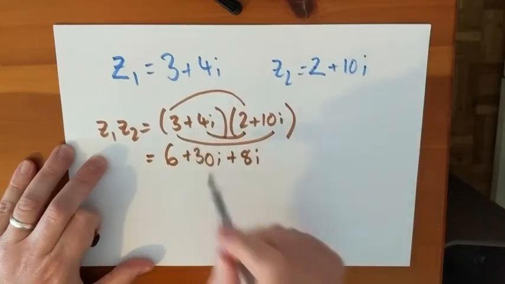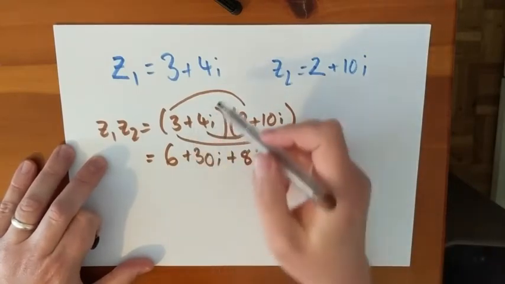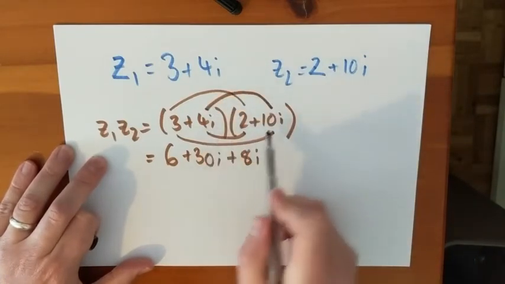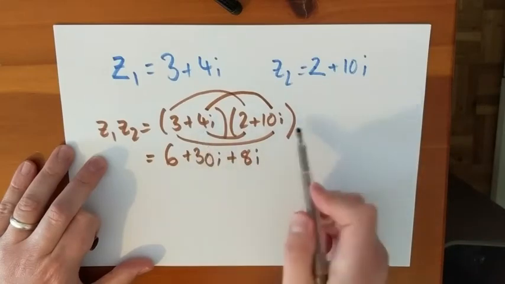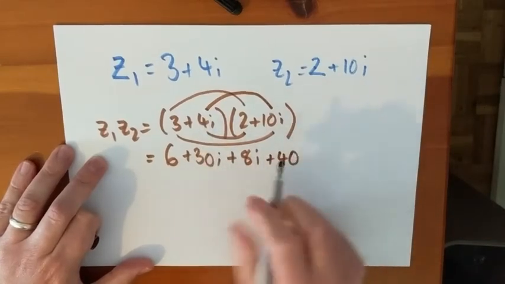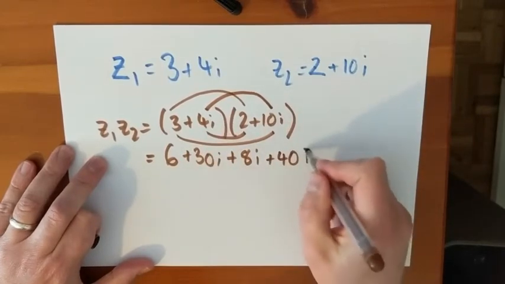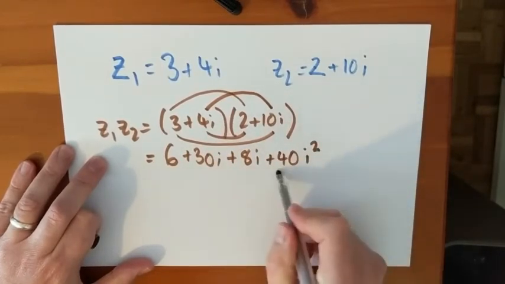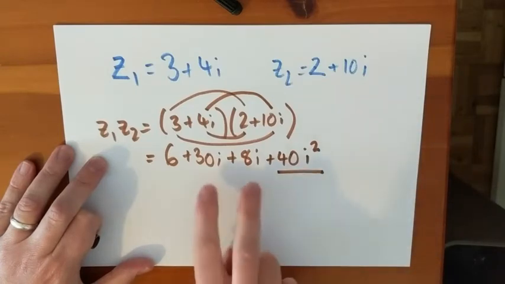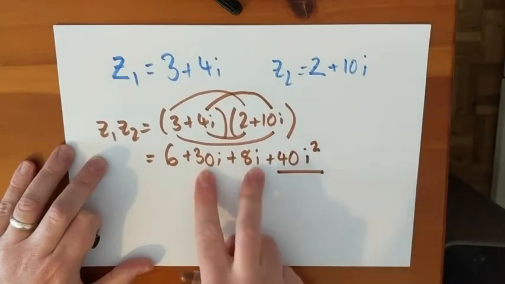There's no negative numbers involved here yet, but you have to be careful with the negatives. I'll show you one in a second. The last two, I've got 4i times 10i. To multiply those two things together, 4 times 10 gives me 40, and the i times the i gives me i squared. And I can simplify this part because i squared is equal to -1. These two are like terms, they can be added together.